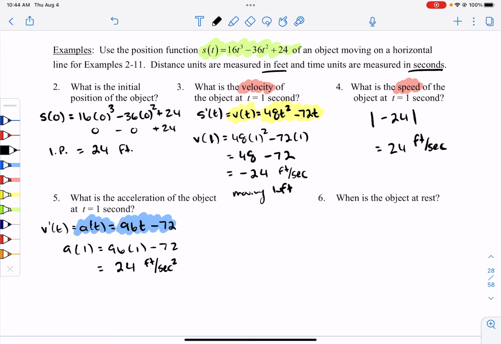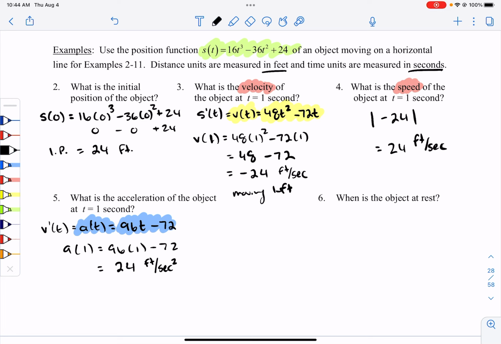Number 6, when is the object at rest? Okay, it wants to know, when is my object not moving? And if you think about our 3 functions, we have a position function, we have a velocity function, and an acceleration function. The one that talks about your movement is velocity.